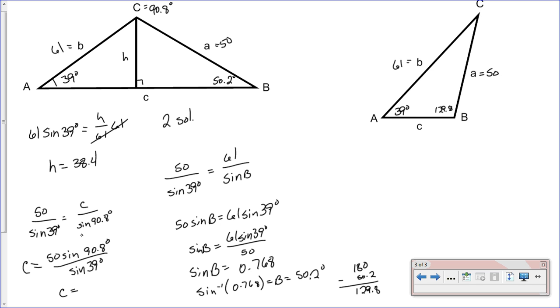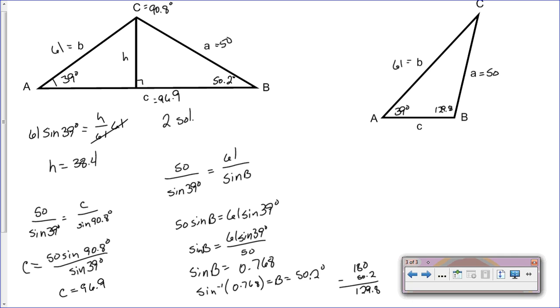Punch all that into your calculator and you will get 96.9. So this C is equal to 96.9 units long. Again, check to make sure it makes sense. Largest side, largest angle. Smallest side, smallest angle. So it makes sense.